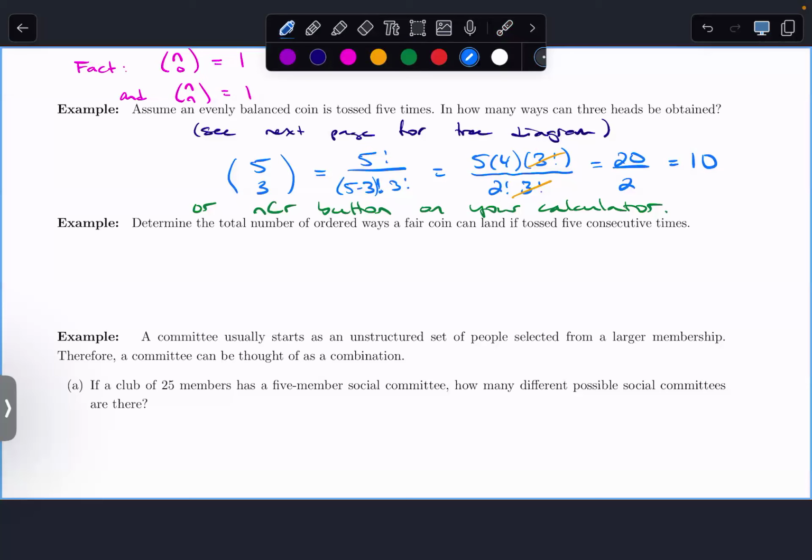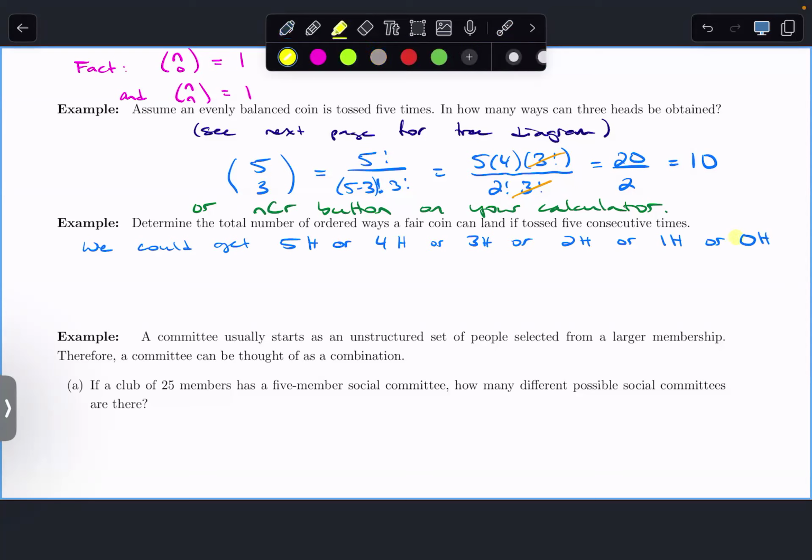So we could get 5 heads, or 4 heads, or 3 heads, or 2 heads, or 1 head, or 0 heads.